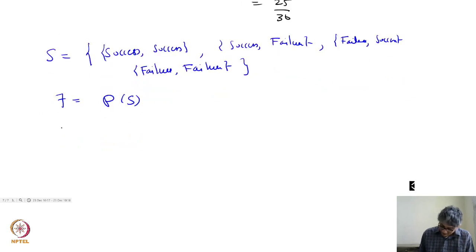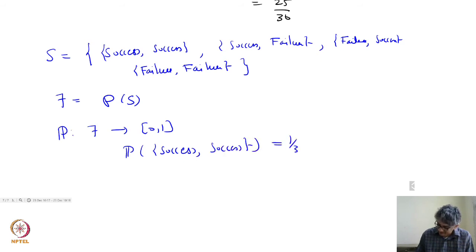And I know that my function P is a function to [0, 1]. And I just define it for every outcome. I know the probability of success-success is 1 over 36.